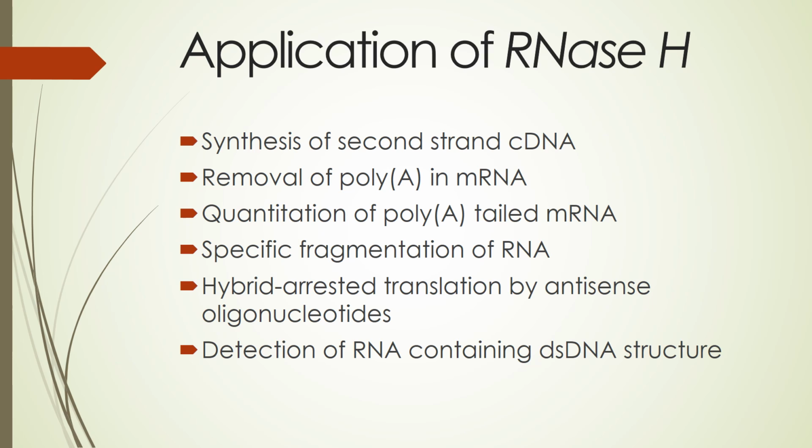Next is the specific fragmentation of RNA. The observation that RNA annealed to a short synthetic deoxynucleotide can be cleaved site-specifically by RNase H serves as the basis of diverse applications of RNase H in RNA mapping or sequencing. Next is the hybrid arrested translation by antisense oligonucleotides.